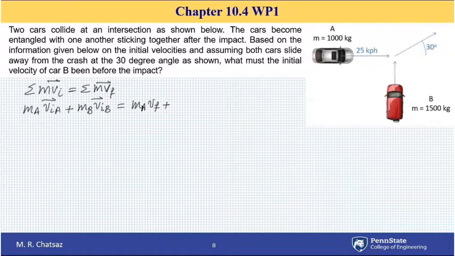But since they stick together and move as one object, B has the same velocity, therefore its momentum is mB VF as well.